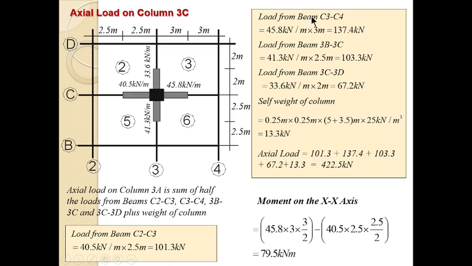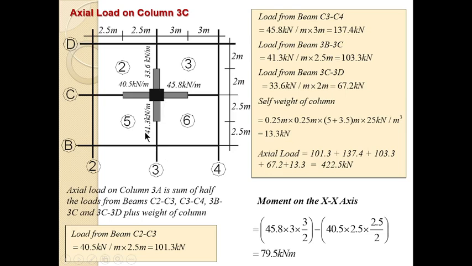Now load from C3, C4, load from this beam, you multiply this 45.8 by this distance. That distance is 3 meter, because the whole span was 6, half of it is 3, so you multiply that by 3 meter, it gives you this. And you also go to this other load from 3BC.